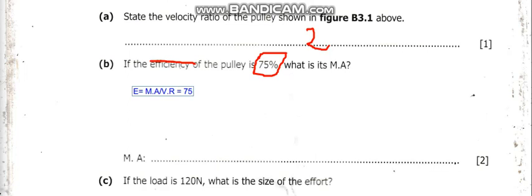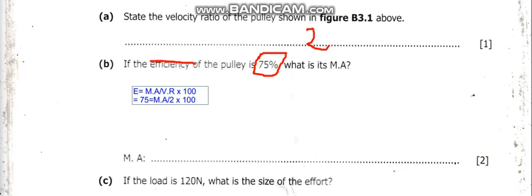Then we'll say equals to the mechanical advantage. It is the one that we're looking for, divided by the velocity ratio, which is also the 2. Then we need to times 100%. Okay, that is very important to understand. So we do not need to forget the times 100%, because the efficiency is calculated in percentage. So that is very important to understand.